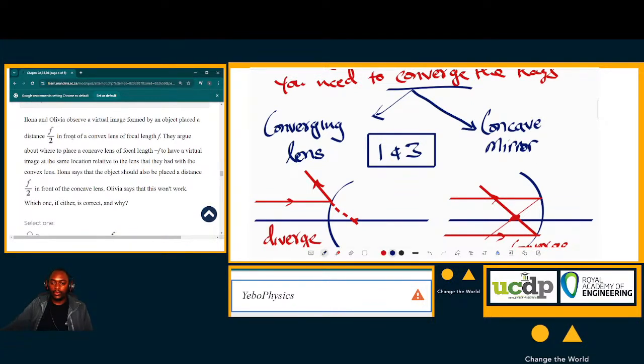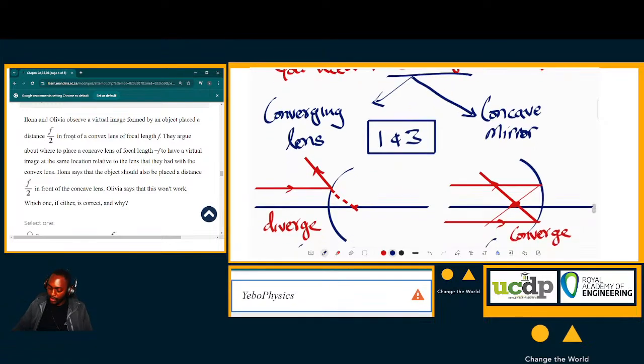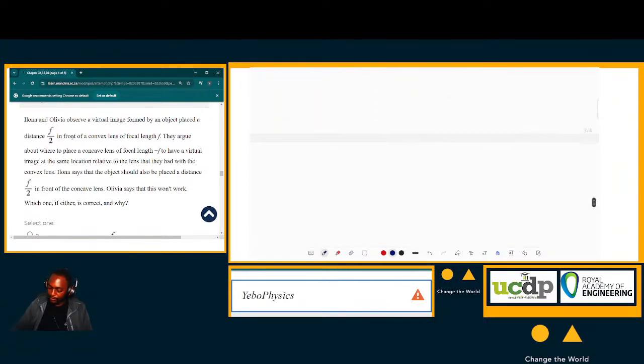Now move on to question 38. Question 38 reads, Ilona and Olivia observe a visual image formed by an object placed at distance f/2 in front of a convex lens of focal length f.